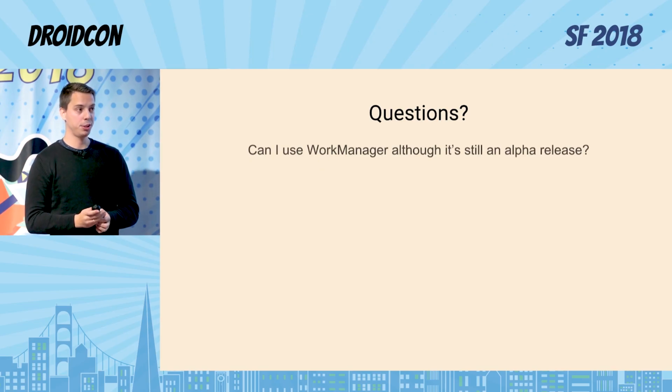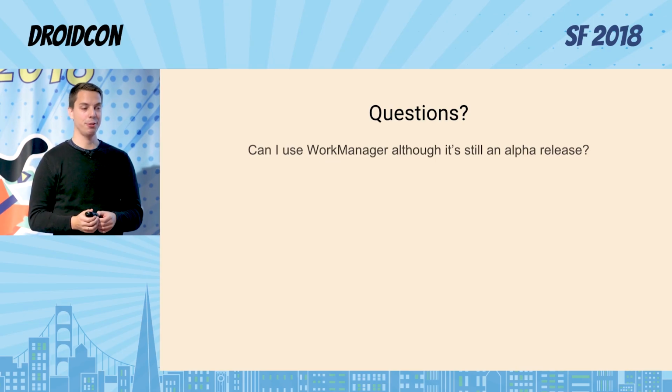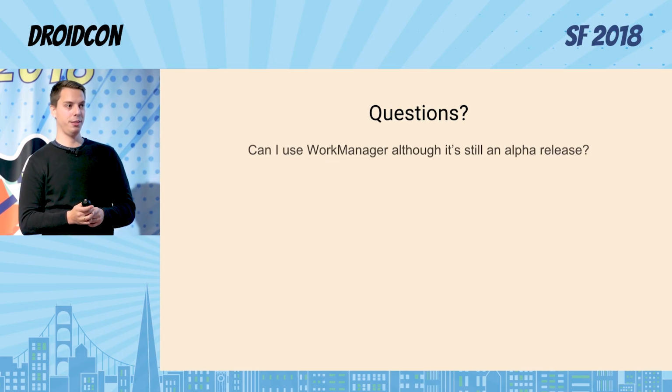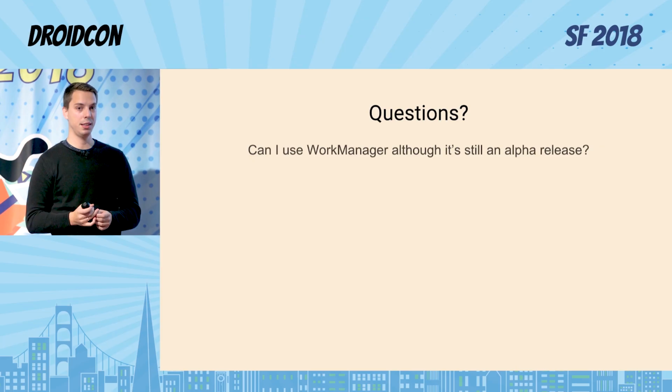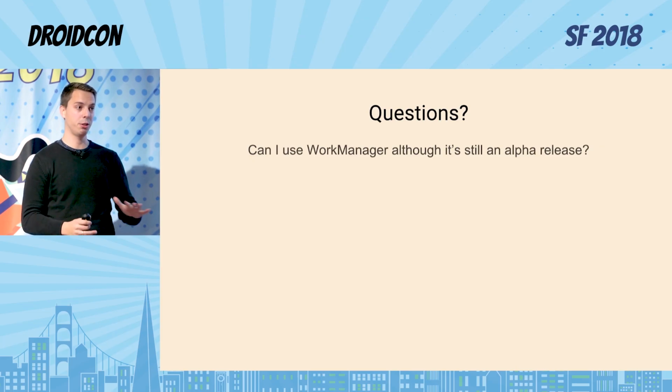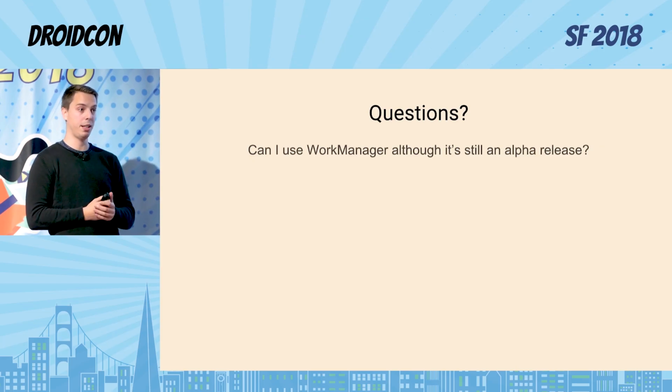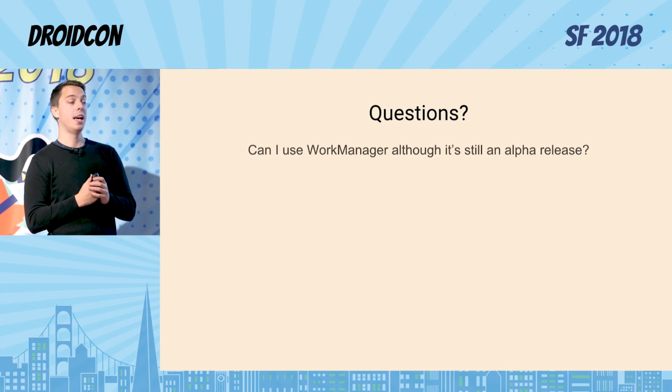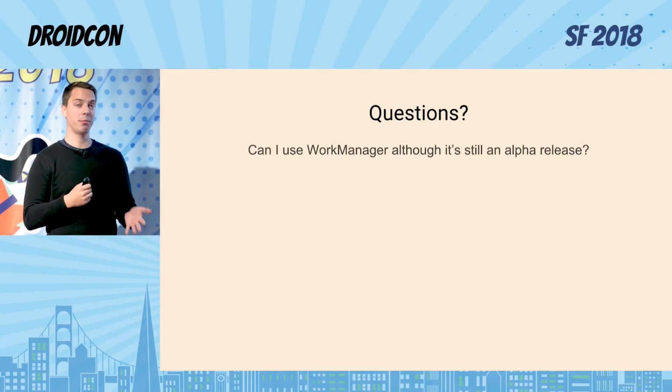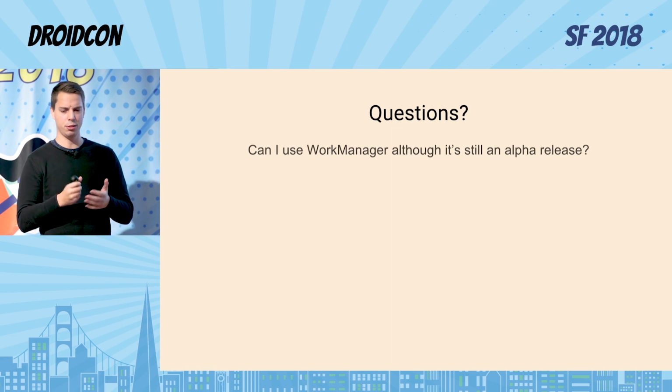Can you use WorkManager although it's still in alpha release? I cannot tell you what you should do and what you shouldn't do. Google changed the API a lot recently, and that's good because WorkManager had those issues and they fixed them, and I'm happy about it. I would hope that they would still fix some other issues, like it's a little weird with this thing in the test. This is all awkward.